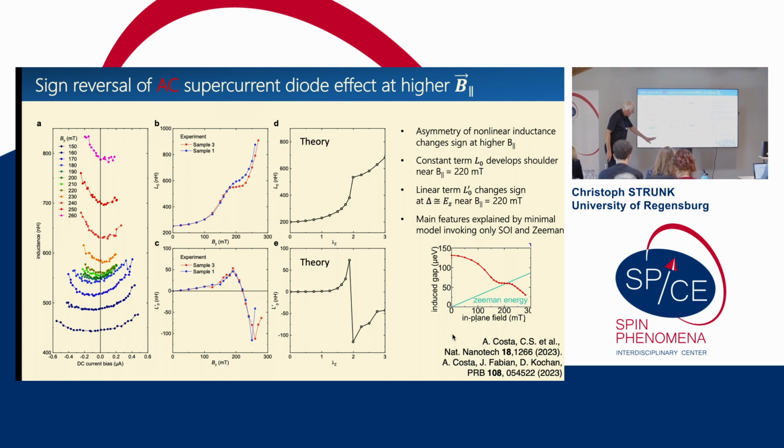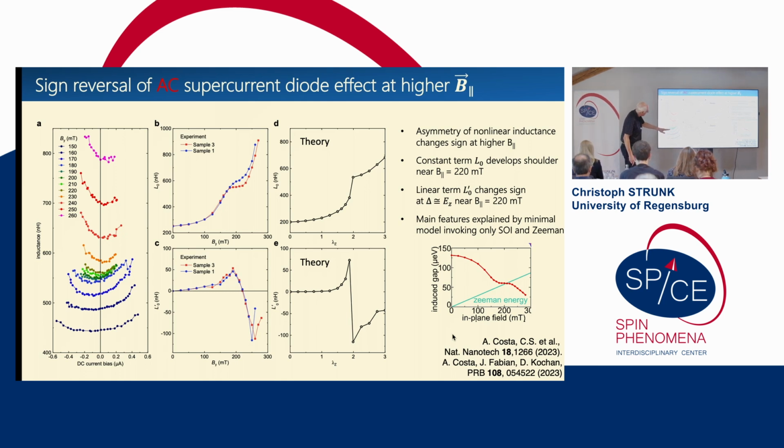So this is here 150 millitesla in blue. And you see as we further increase up to 260, you see that the tilt here changes, right? So here the curve is open to the left, and here it is open to the right. So what that means is that our magnetochiral effect changes the sign.